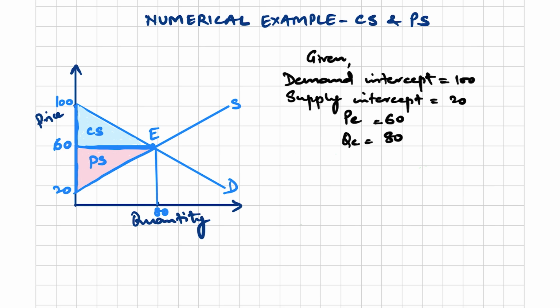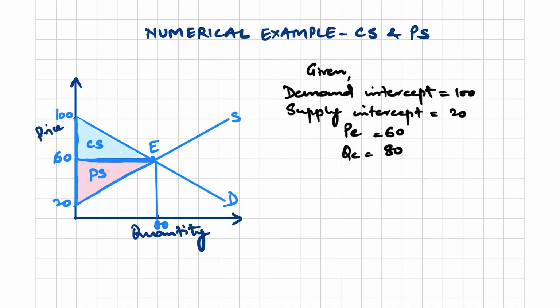If you look at it carefully, these are just triangles. Consumer surplus is shown by a triangle and producer surplus is shown by a triangle. Because these are straight line demand and supply curves, we can use the formula of a triangle, which is half into base into height.